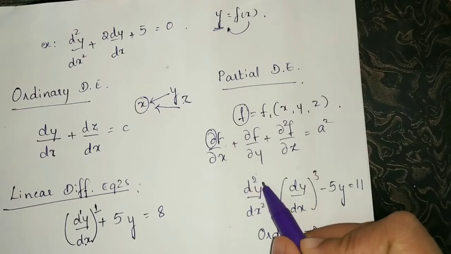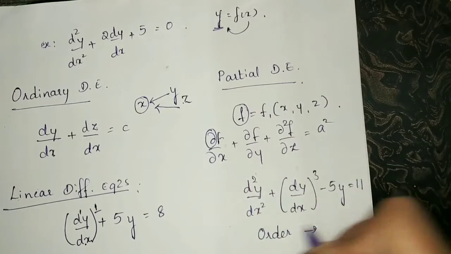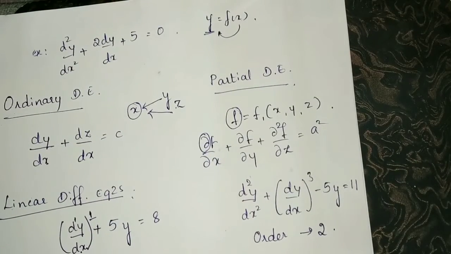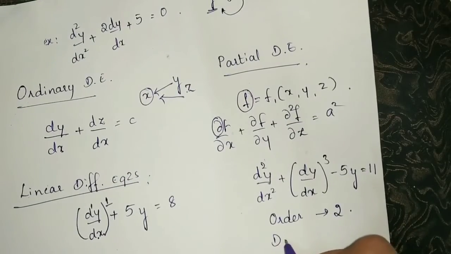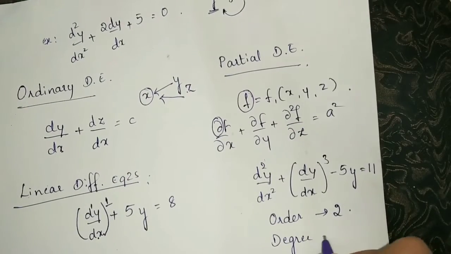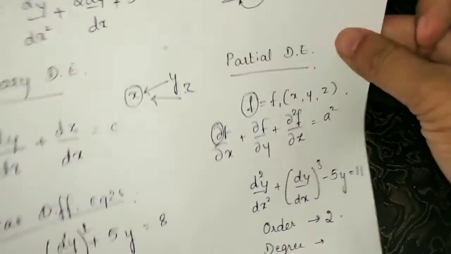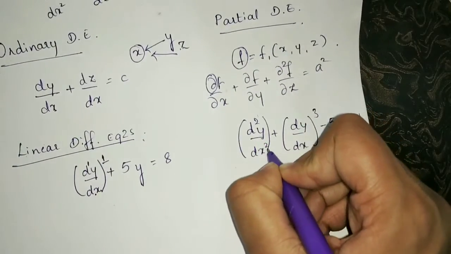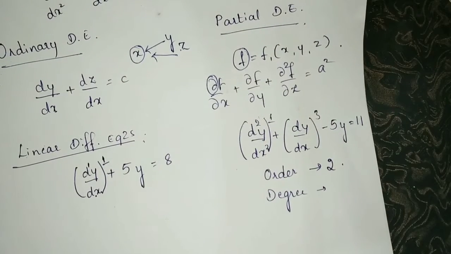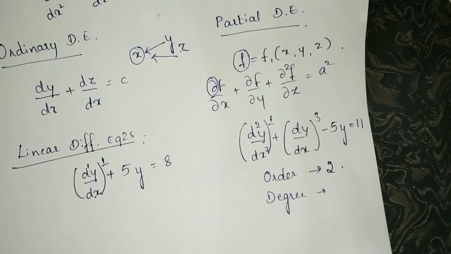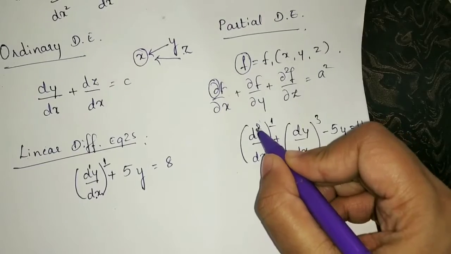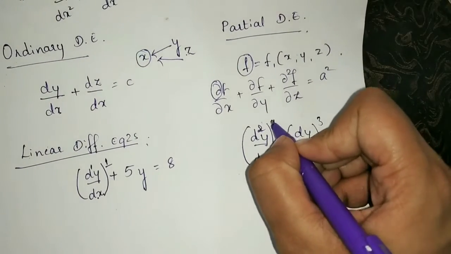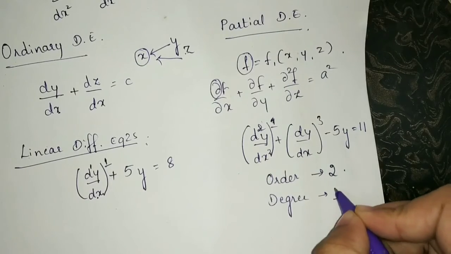So, the highest order involved in this differential equation is 2, a second order differential equation. Similarly, we can find the degree. The degree of this differential equation is the power of the highest derivative. The highest derivative is the d square y by dx square term. The power of this is 1 only. Therefore, the degree will be 1.